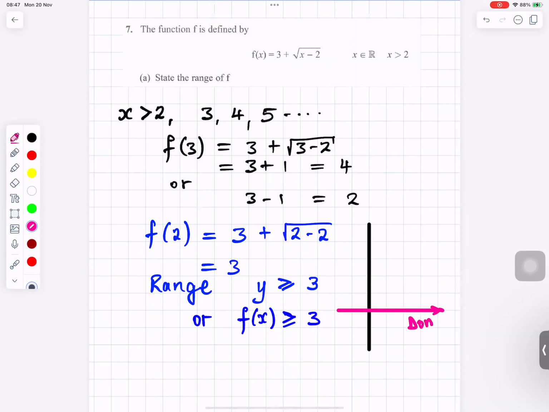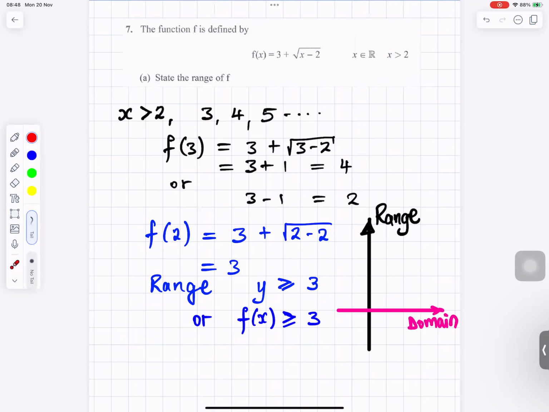What goes in the x-axis is the domain, and what goes in the y-axis is the range. So the question says state the range of f. What goes in the x-axis? Every real number, and x has to be bigger than 2.